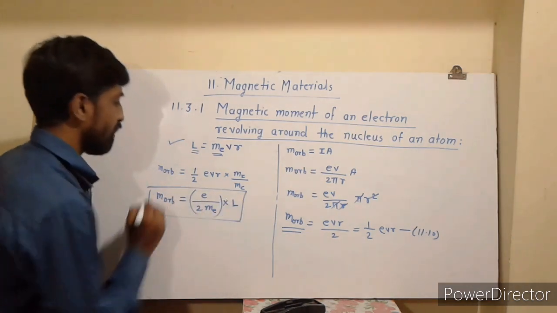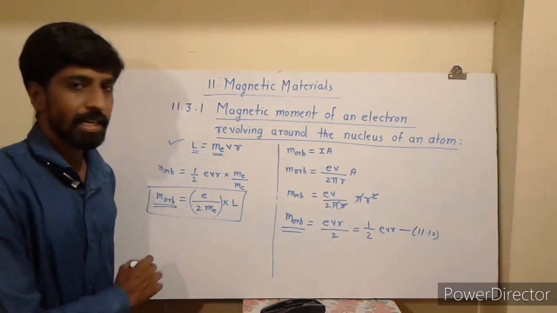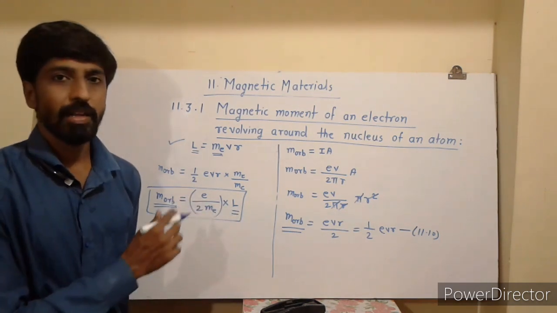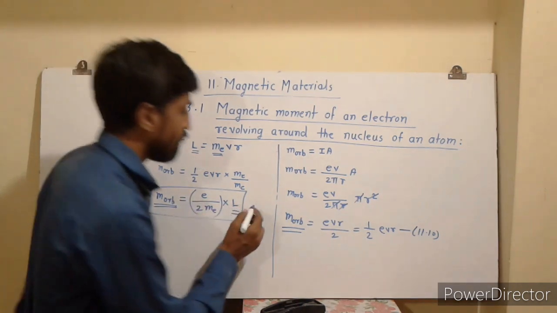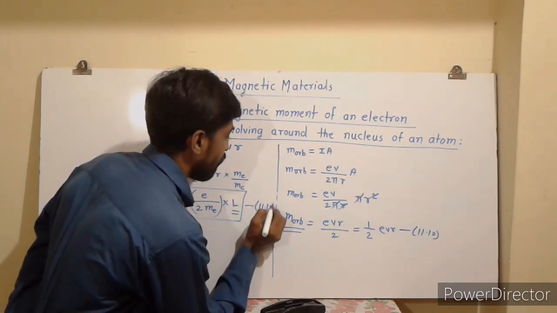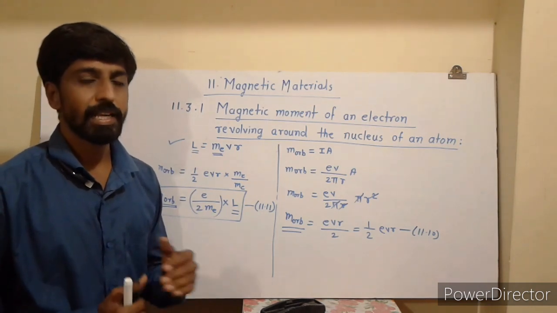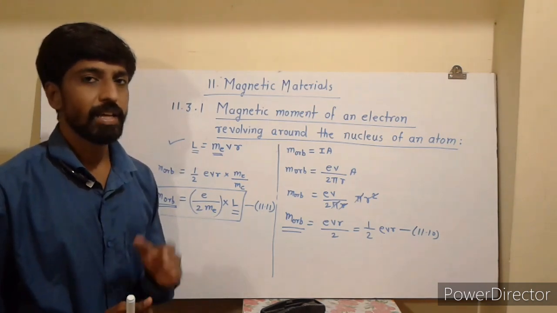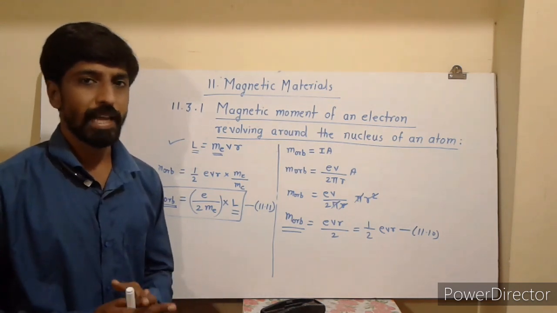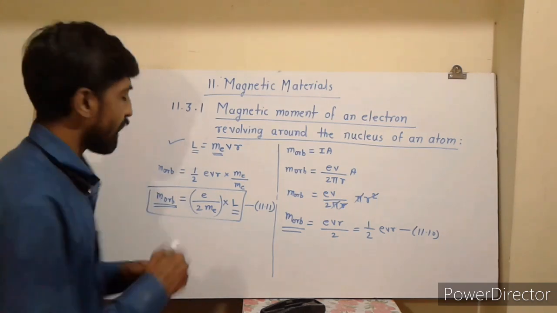From this equation we can say that the orbital magnetic moment is directly proportional to the angular momentum. This is equation number 11.11. But we know that the electron bears negative charge. The vectors m and L are in opposite direction. Hence, vectorially, the equation can be written as shown.